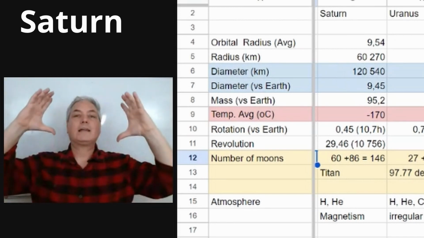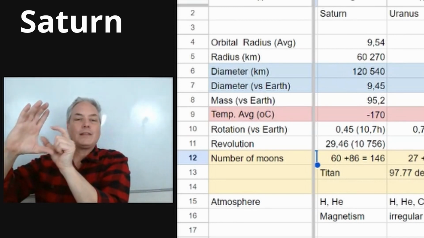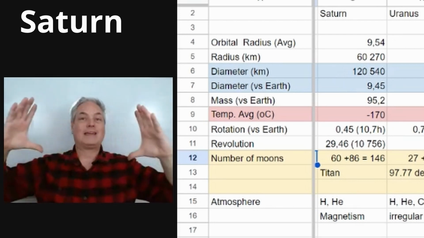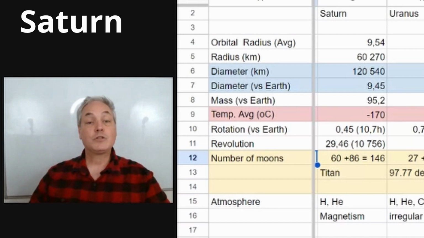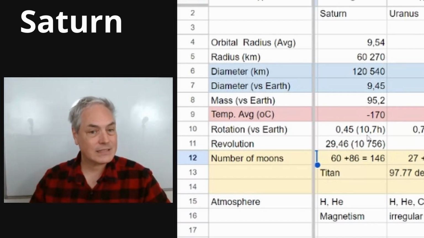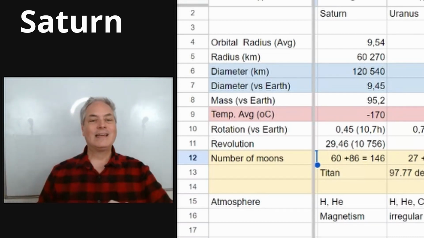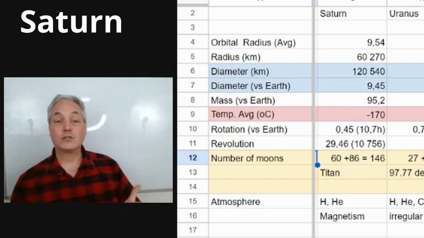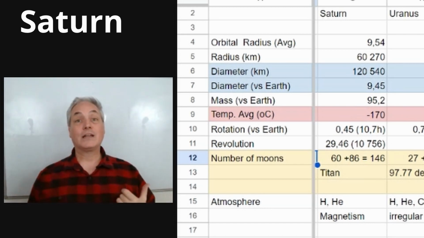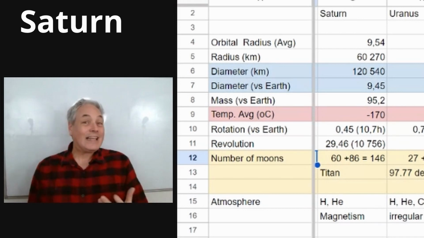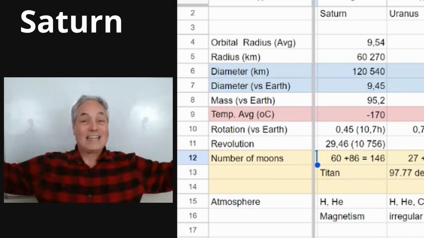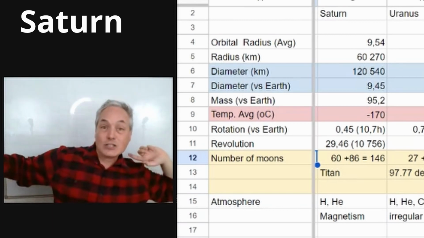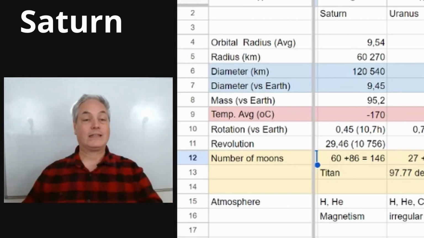So if you were to take Saturn, you could put 9.5 little Earths to make its whole diameter. So Saturn is a huge planet. With respect to its rotation, similar to Jupiter, the length of the day is 0.45 days. So it takes 10.7 hours to do a full rotation. Knowing that the radius is 60,000 kilometers, there's a lot of speed happening right there.